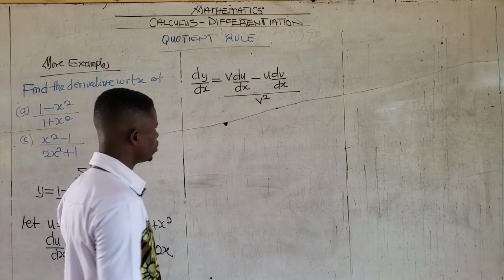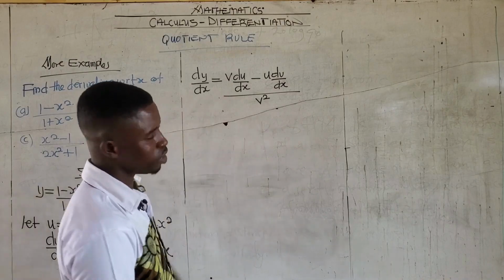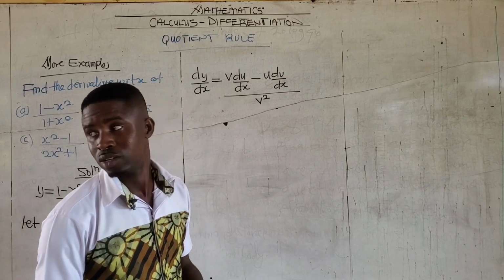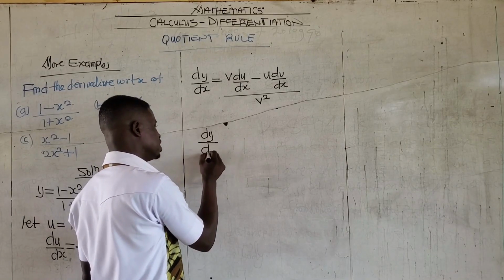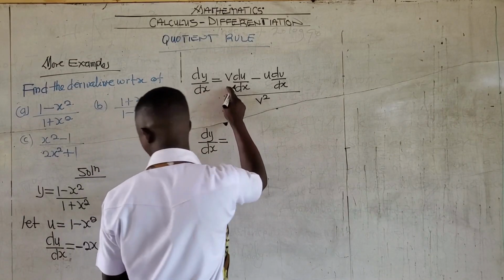Good. So now the next thing I'm going to do is the various substitutions. I'm going to have dy over dx equals v.